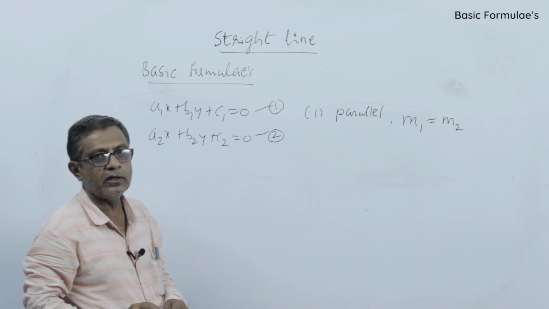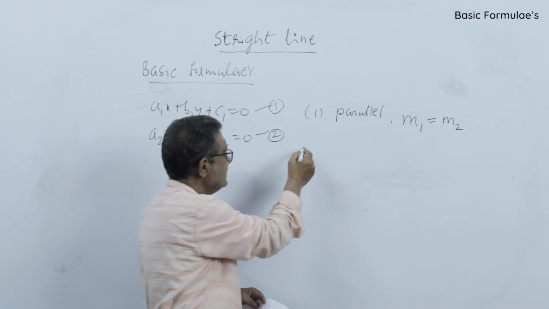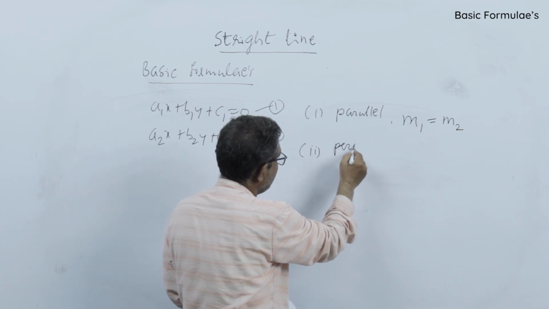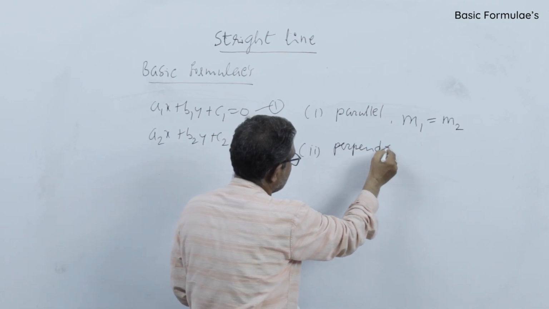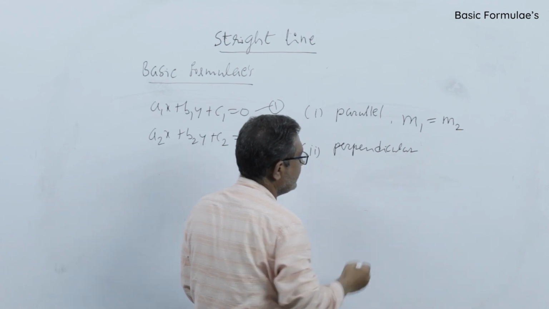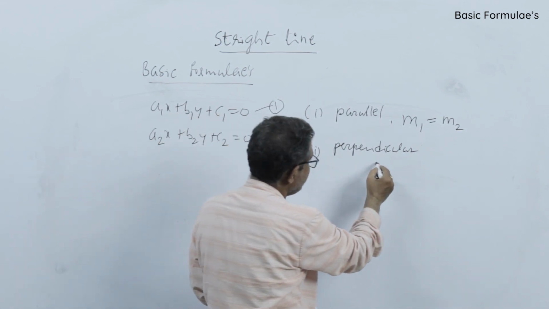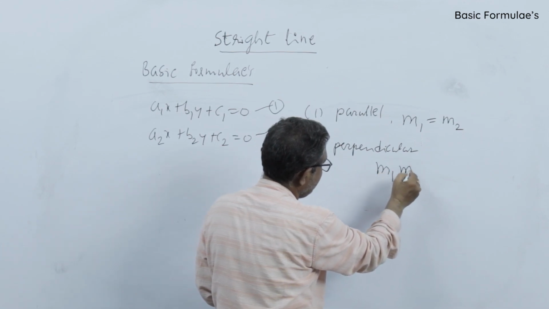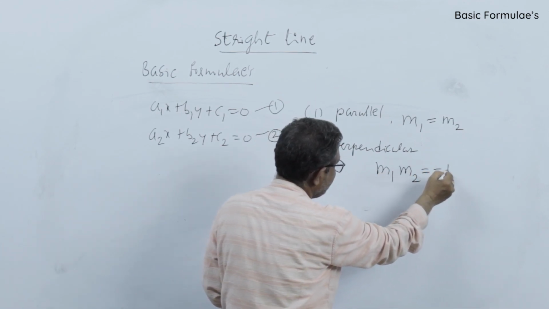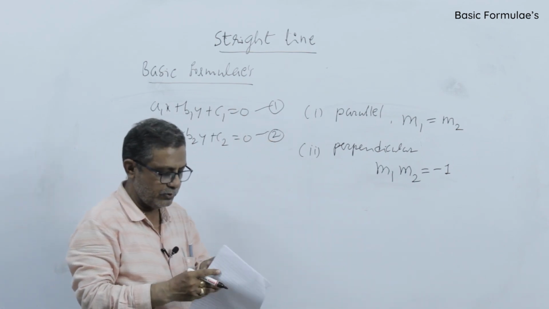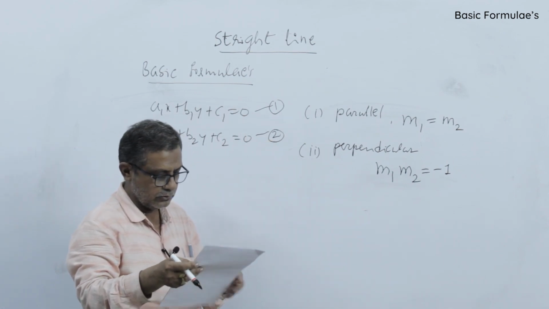The two slopes are equal. Second, when they are perpendicular to each other, the condition is the product of the two slopes is equal to minus 1. m1 into m2 equal to minus 1.